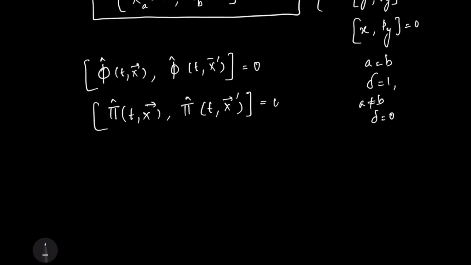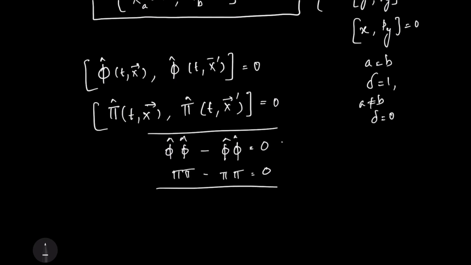We can easily guess this, because the commutation of the same operator, phi minus phi, will be 0. Similarly, pi minus pi will be 0. So there is no need to deduce the commutator relation if the operators are the same, because by analogy we know that it will be 0, because it's the same operator, right?